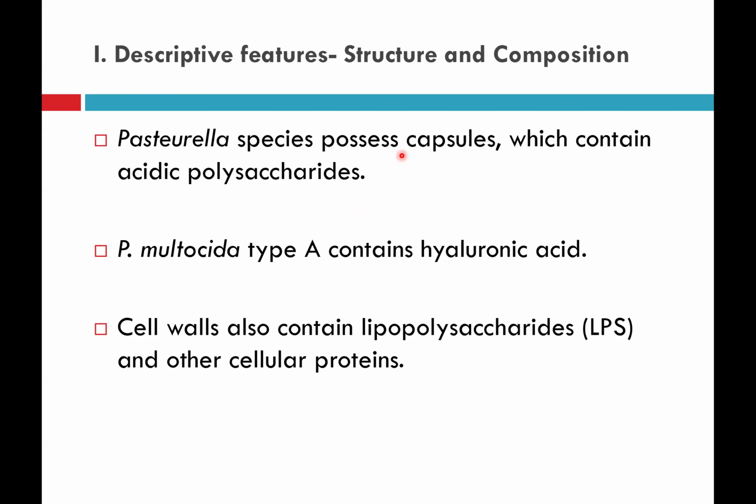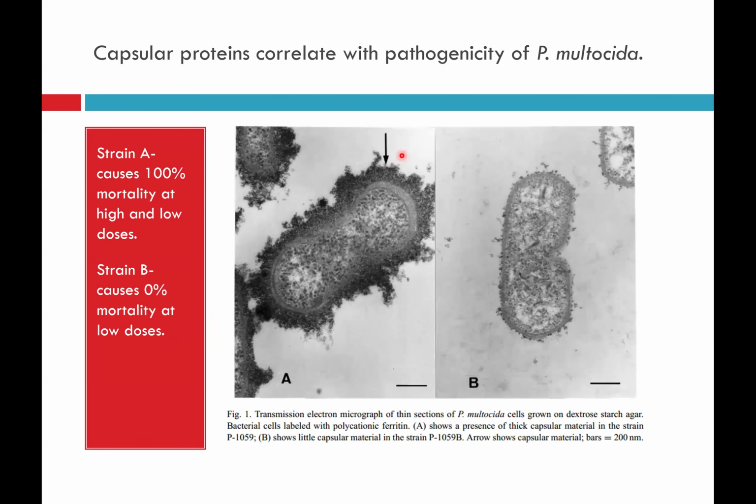The capsule is very important to the pathogenicity of your multocida in particular, because it is a major virulence factor for your Pasteurella multocida. So it will cause 100% mortality at high and low doses.